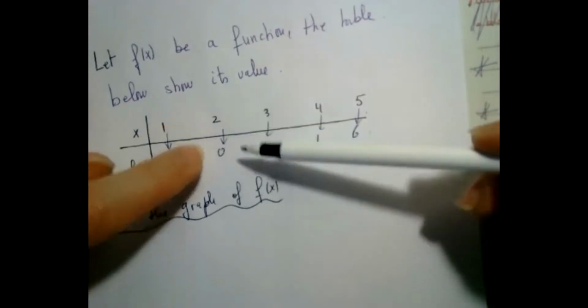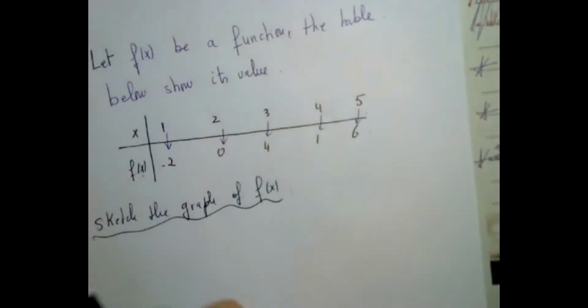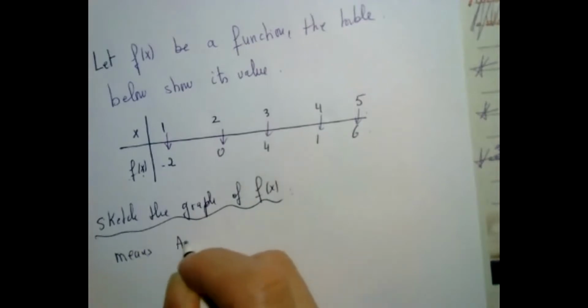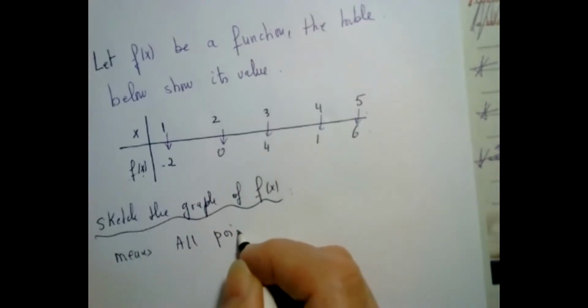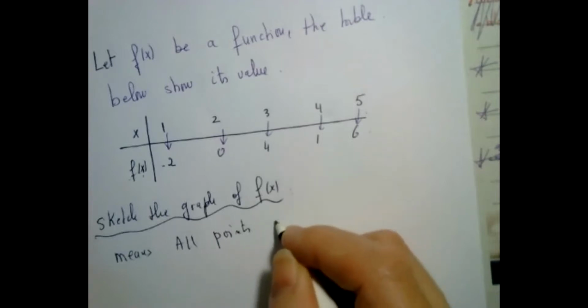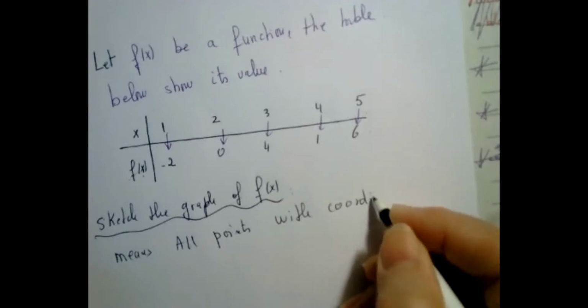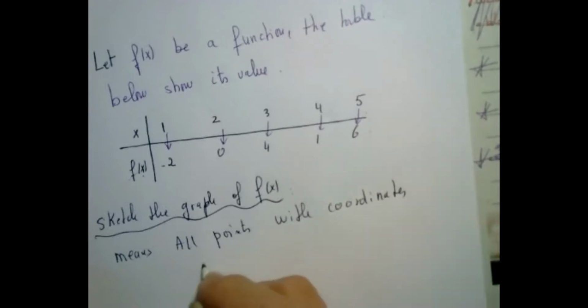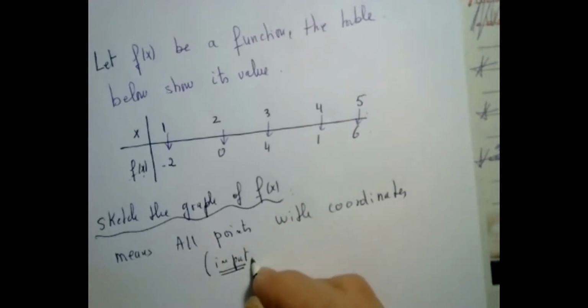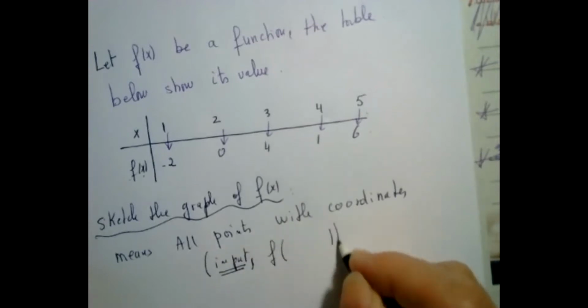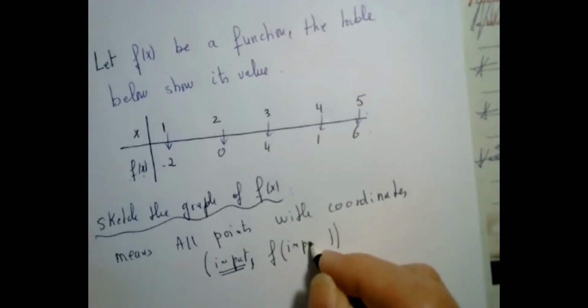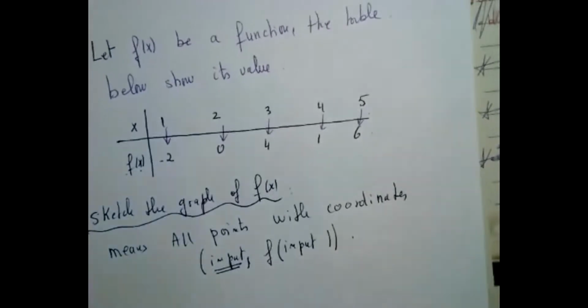Sketching the graph means all points with coordinates, whatever the input is, that's the first coordinate, and the second is the output that corresponds to this input. As simple as that. So let's see, how do we do that?